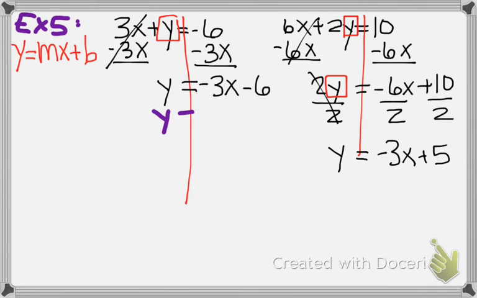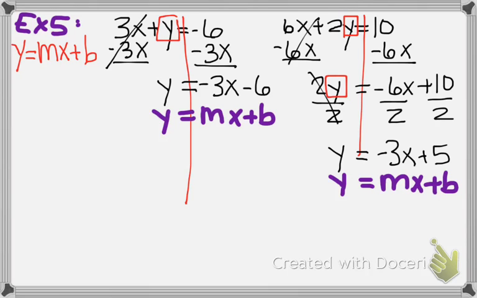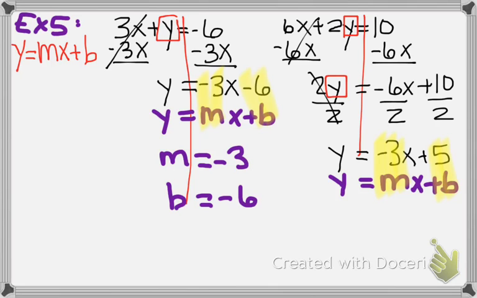Now we can determine what our slope and our y-intercept of each line is. Our slope is m. Our y-intercept is b. For our first equation, m equals -3 and b equals -6.